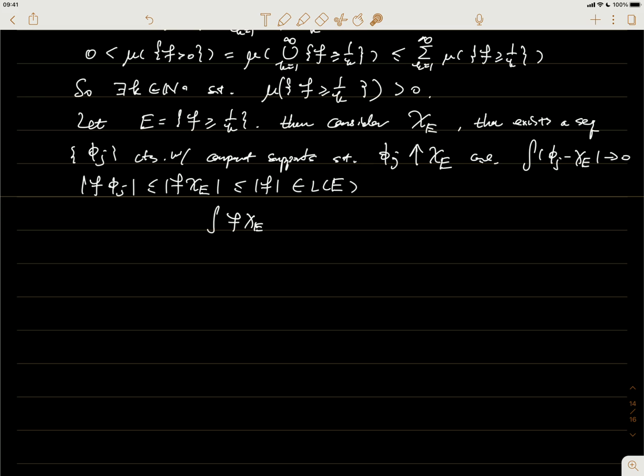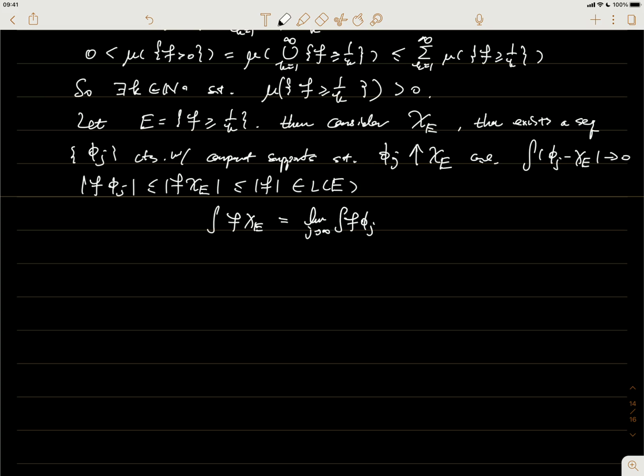So when we take the limit of this phi_j as j goes to positive infinity, I take the integral of the limit.